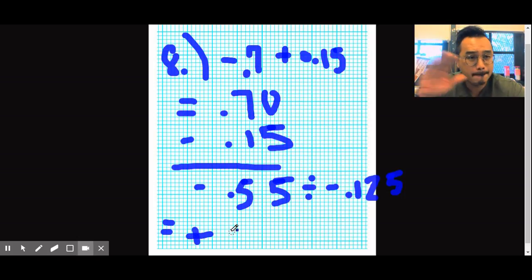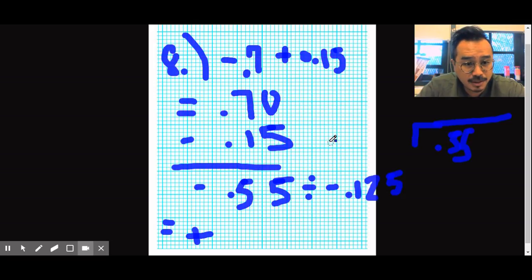Look, A and B is no good right off the bat. So now I just have to do the 0.55 now. I wish I could do this a little bit more smoothly, but my pen is really stuck. Computer's not doing too well. But I have to do this with you because a lot of you need us to spend a little more time on this. So 0.55 divided by 0.125.